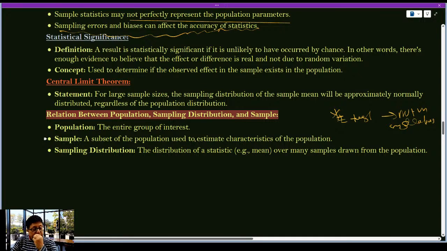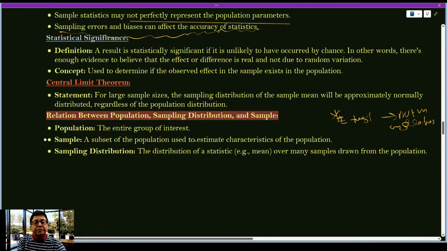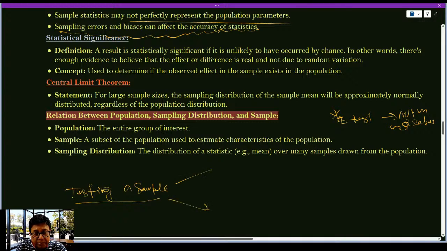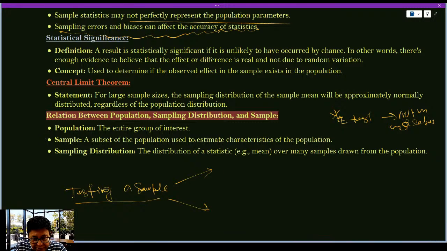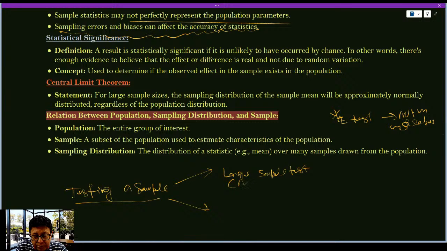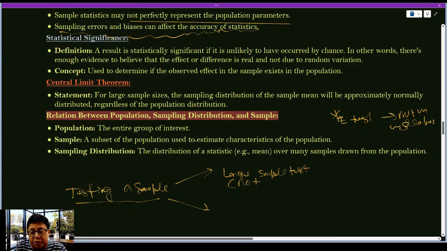So, small sample test, what to do? If you are testing a sample, for testing a sample, what to do? Large sample test is not required.